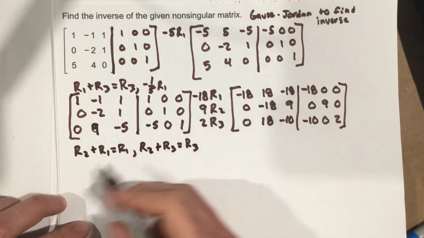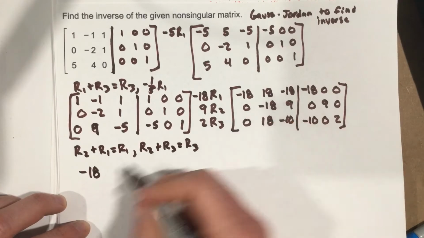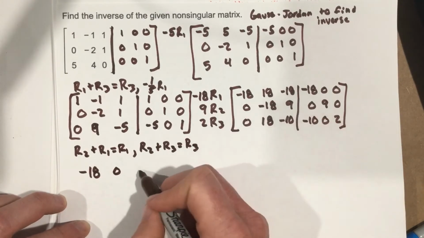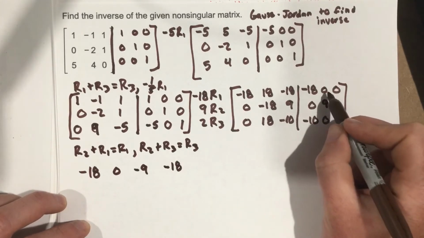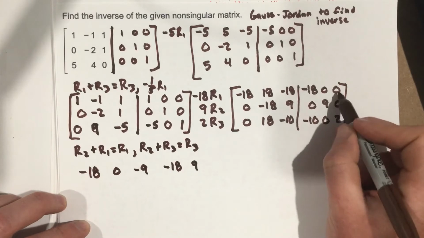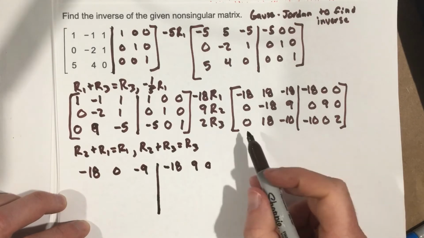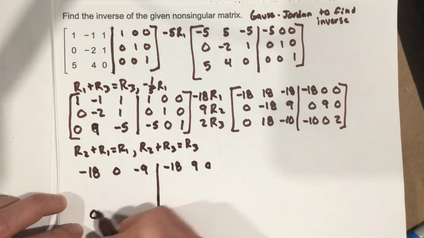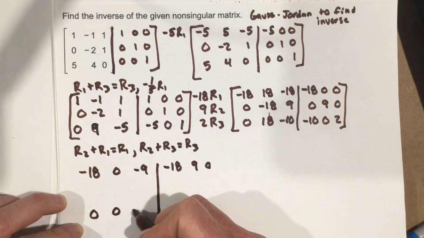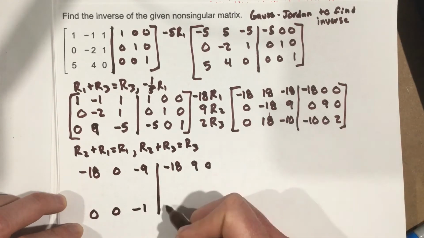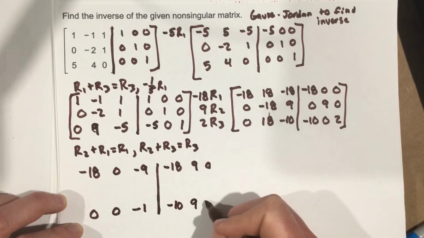So 0 plus the -18 to start. That's just going to be -18. This will be 0. This gives you -9. Still -18 there. 9 there. And 0, 0 is still 0. And then we're going to go to the bottom equation. So this will be 0 here. This gives you -1, -10, 9, 2.